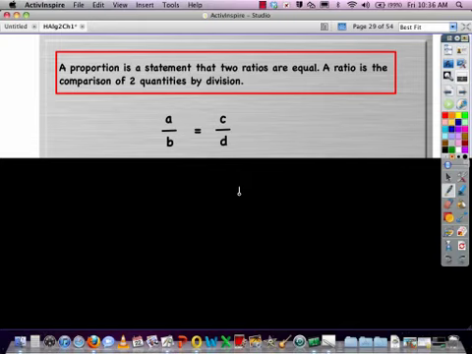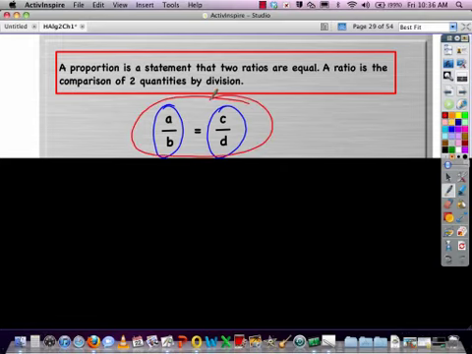So if we look at this statement, A is to B equals C is to D. Some people will say it looks like fractions. Well, fractions are ratios. So right now we're looking at A over B as a ratio and C over D as a ratio. The whole entire equation is our proportion.